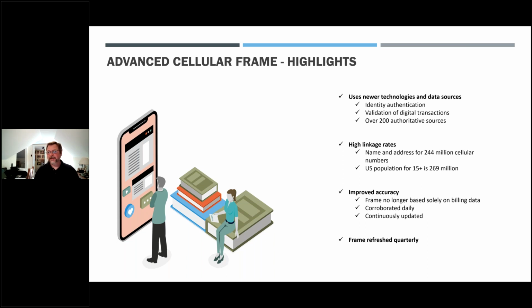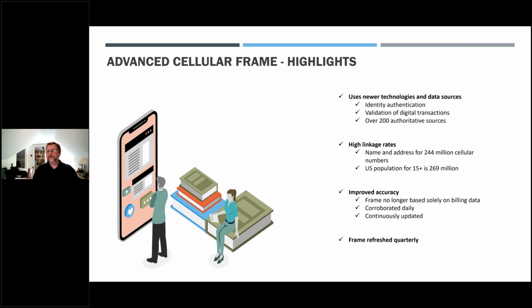Obviously, that's not the case, because not everybody 15 and older has a cell phone, and we know that a lot of people have more than one cell phone number. Additionally, there's no data in the advanced cell phone frame for minors, so all that data is stripped out. The names and addresses that we're associating with cell phones are only going to be adults.